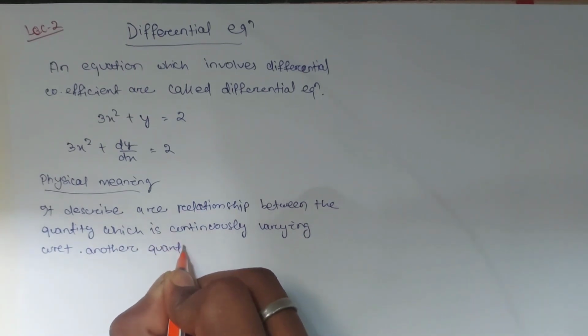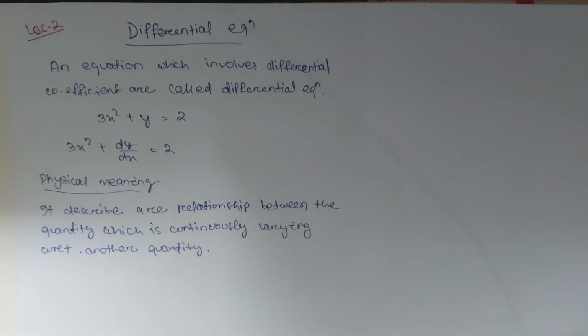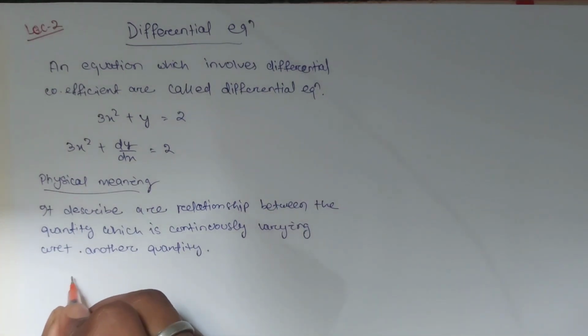Let's take an example: a bike travels some distance. If it travels some distance with respect to time, then we can assume a differential equation for that bike.